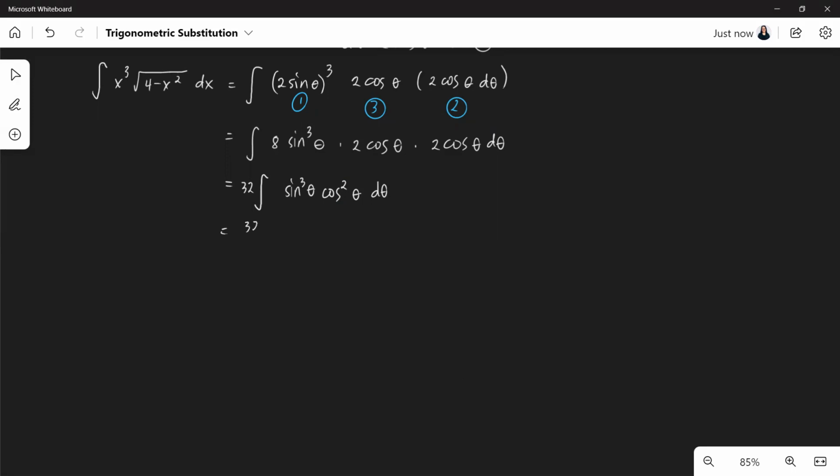So we put one sine theta here, ready for the du. What we have left is sine squared theta and cosine squared theta.